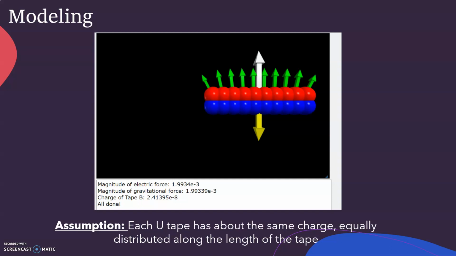And in the code, I varied the Q, starting with what I had done in my calculations for if the system was a point charge, and changed the value of Q until these two forces were balanced. And the assumption made doing this is that each tape has about the same charge equally distributed along the length of the tape.